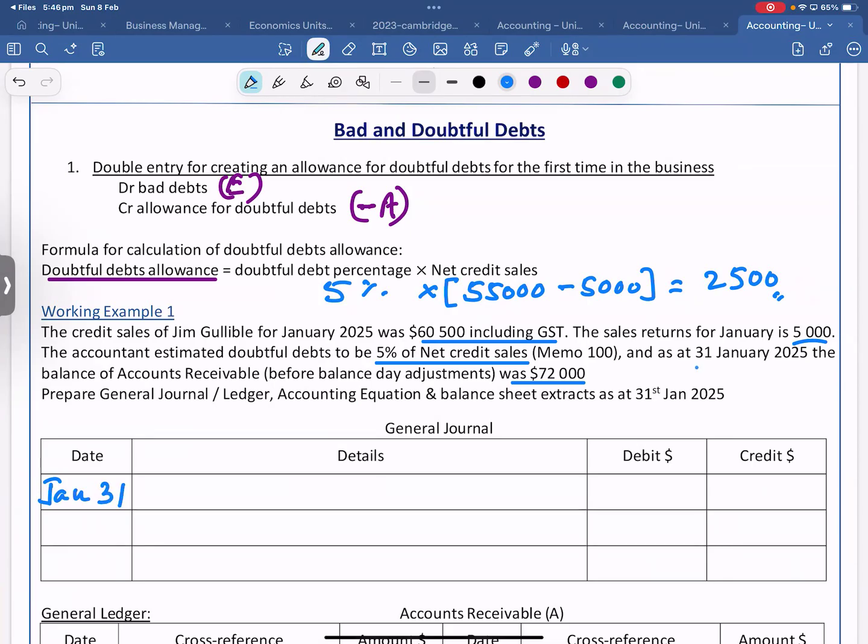That's the last day of the period. Okay. So when we register, bad debts 2,500 debit. Then you credit now.